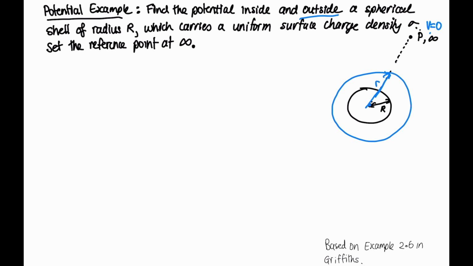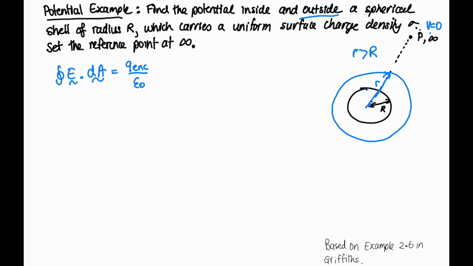This is little r here, and we've got that r is greater than big R, and that's what we need to be outside this sphere. So we can use Gauss's law, and Gauss's law tells us that the integral of the electric field times dA, so the flux through this closed spherical surface, is equal to the enclosed charge divided by epsilon naught.